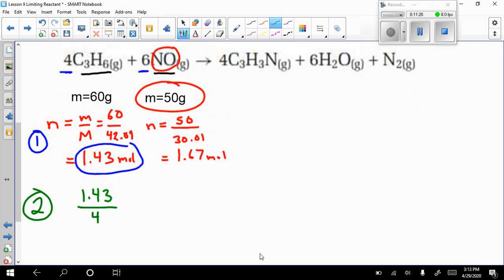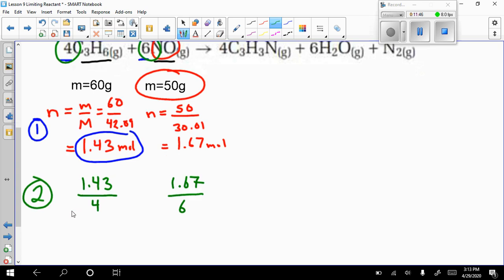What really I'm doing here is I'm saying, what is the weighted usage of these two? And I'm going to do the same thing here. I'm going to do 1.67, and I'm going to divide by 6. So look at this. You're using this 6 and the 4 down here to compare them on equal levels. So when I divide 1.43 by 4, I get 0.3575.